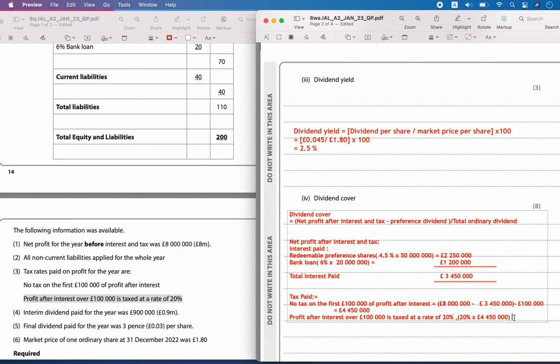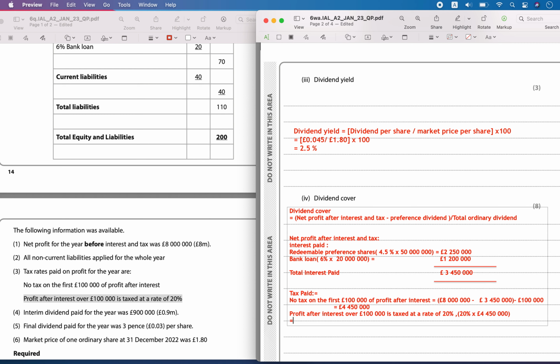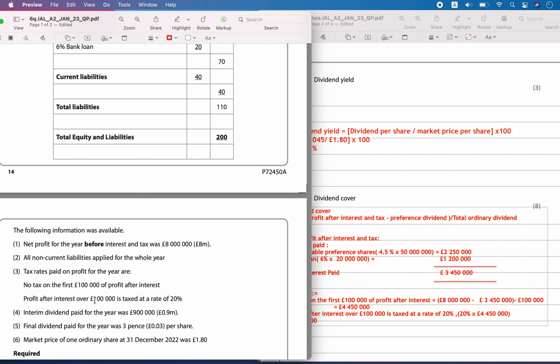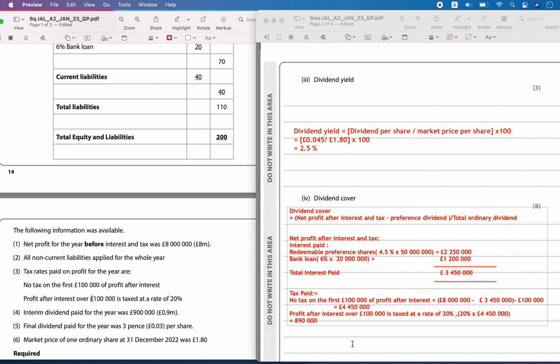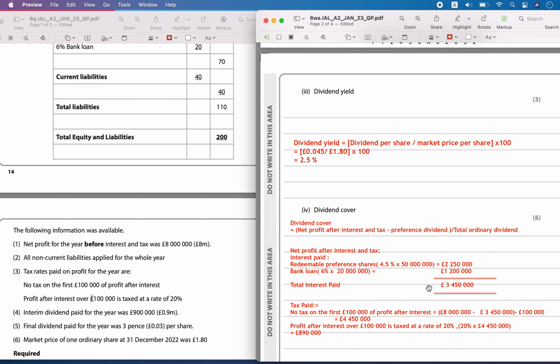That is equal to 890,000. So this is the tax paid, 890,000 pounds.